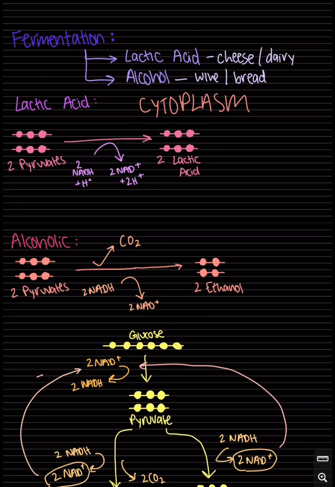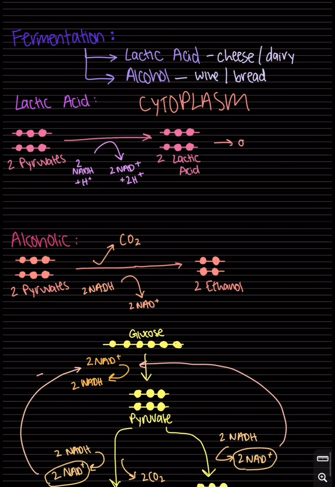And basically, after a human runner does lactic acid fermentation, they're in something called oxygen debt, right? Oxygen debt is basically when they are running, like we have a little guy, and he's running a lot. And so in his stomach, he has a lot of buildup of lactic acid, right?